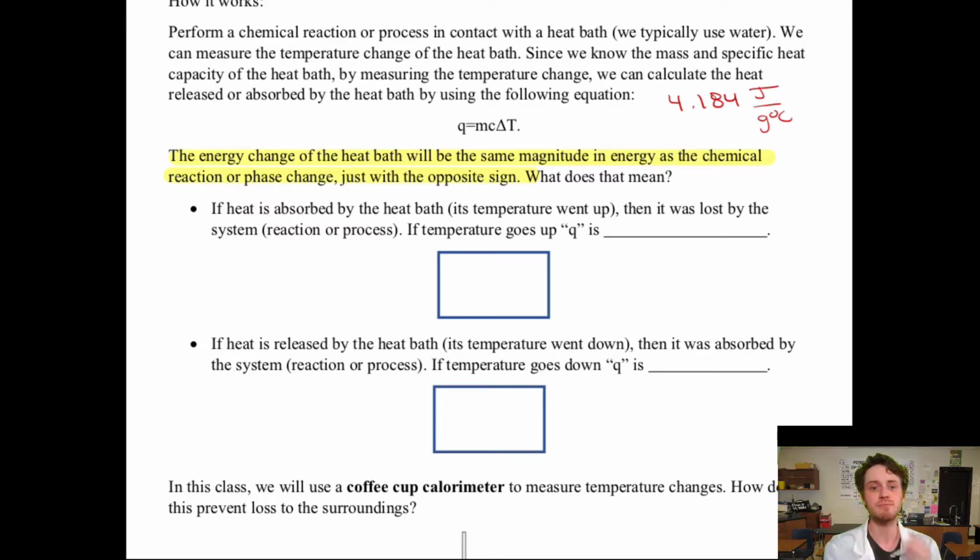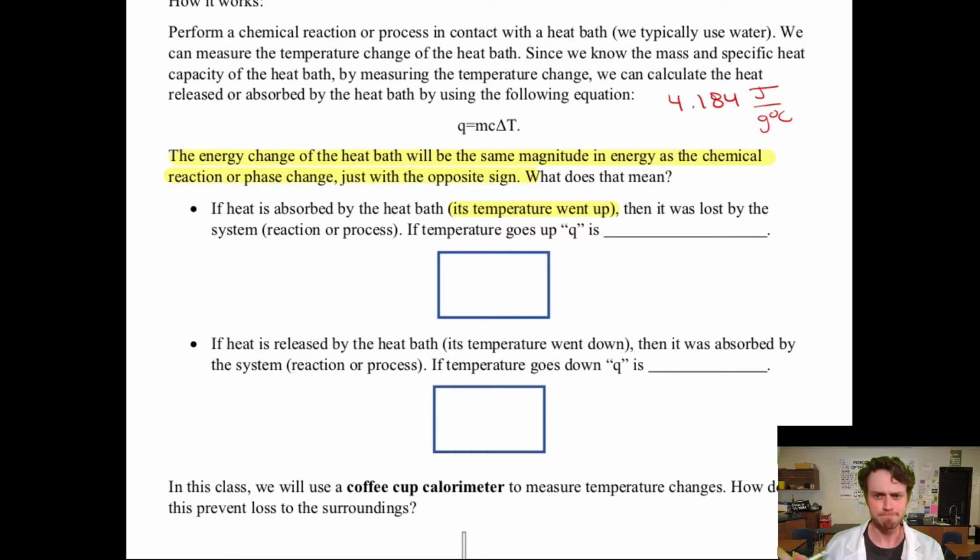So if heat is absorbed by a heat bath, we saw the temperature of the water go up. If the temperature of our water goes up, where did that heat come from? We know that the water absorbed heat because the temperature went up, but it came from the reaction or the process that happened in the water.